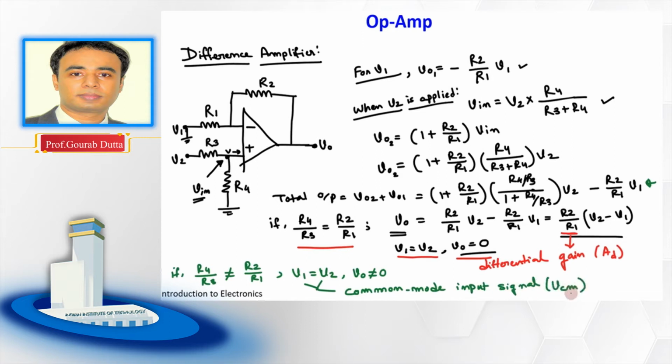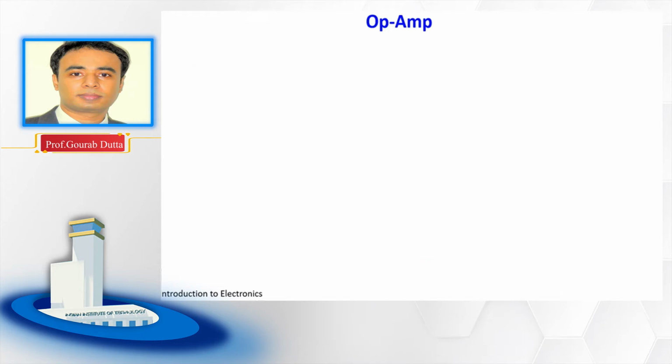Maybe we will go to the next page and continue our discussion. So this V of Cm, the common mode input signal, is defined as V1 plus V2 by 2, right?